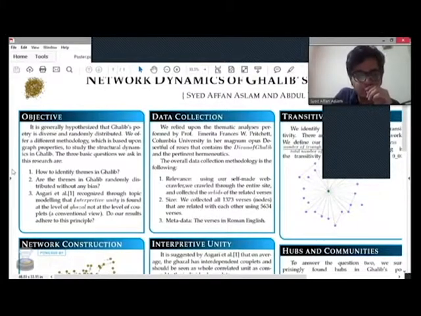For this, we first had to crawl through the Diwan of Ghalib, for which we used a source called Desertful of Roses. It's hosted at Columbia University and maintained by Frances Pritchett, a scholar there.